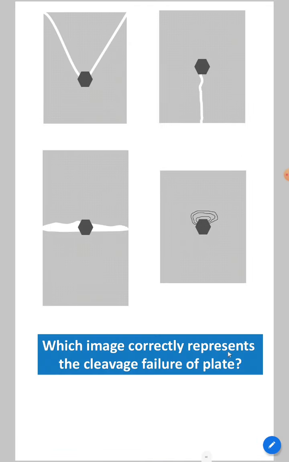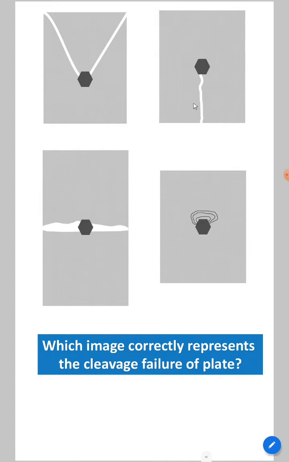Which image correctly represents the cleavage failure of plate? Now see, this one is shear, this one is tensile, this one is bearing failure. Obviously this is going to be the cleavage failure. Now observe the diagram. Cleavage failure means across a specific plane a crack can be observed. Now let's see what the explanation says.